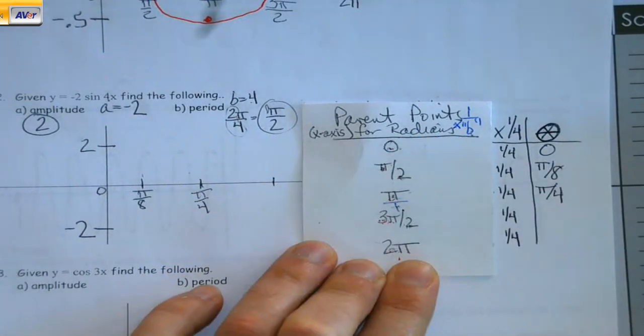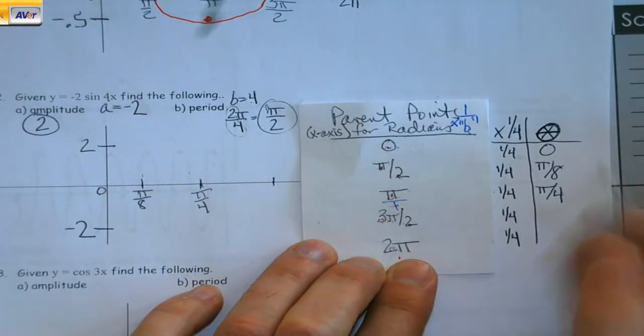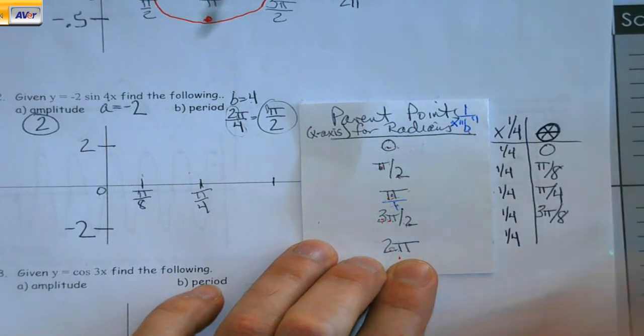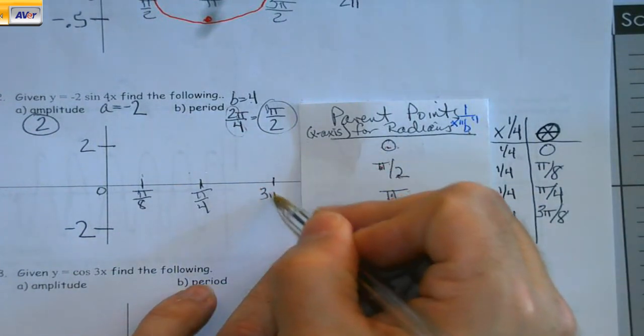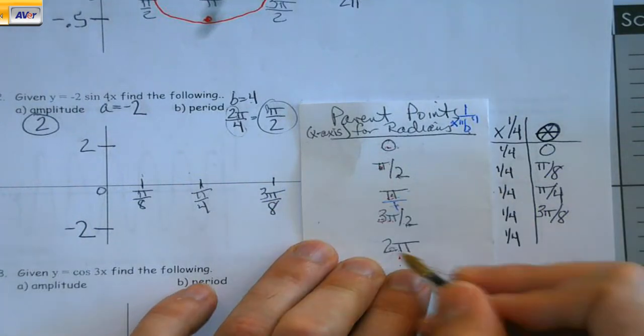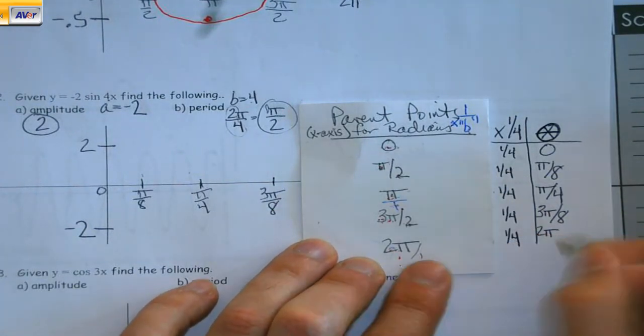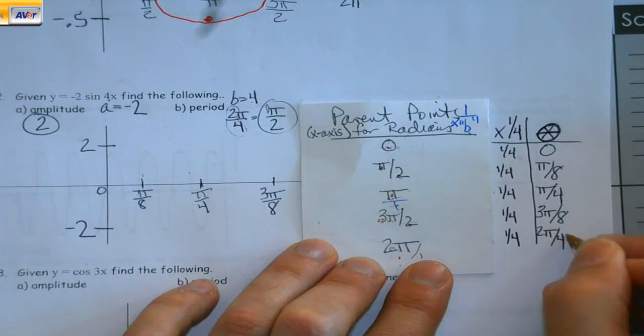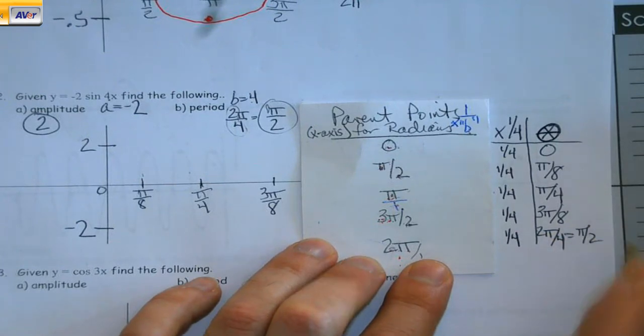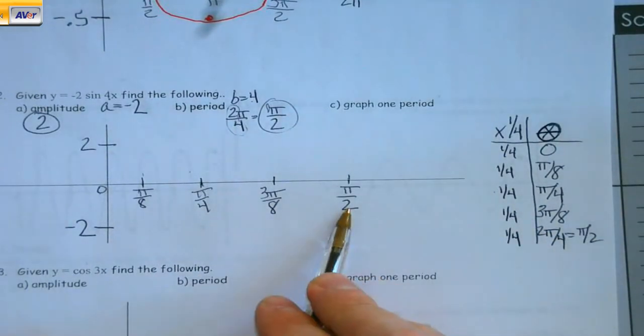That's my next line. 3 pi times 1 is 3 pi. 2 times 4 is 8. That is my next one. And 2 pi times 1 is 2 pi. 1 times 4 is 4, but this time it reduces to pi over 2, which is what should happen.